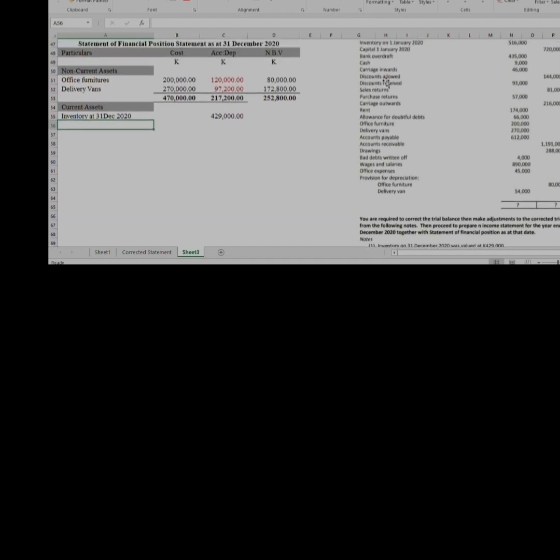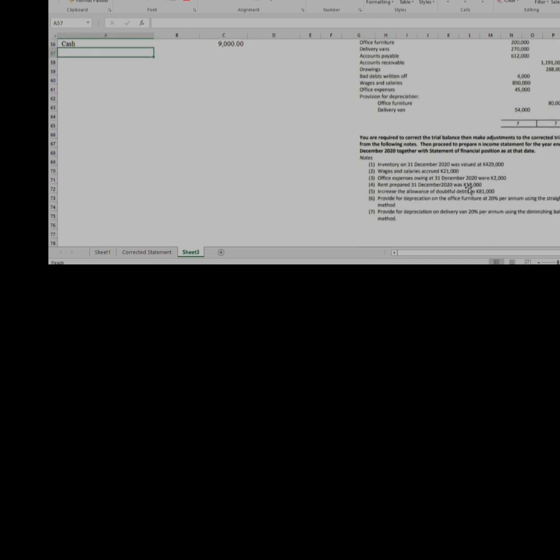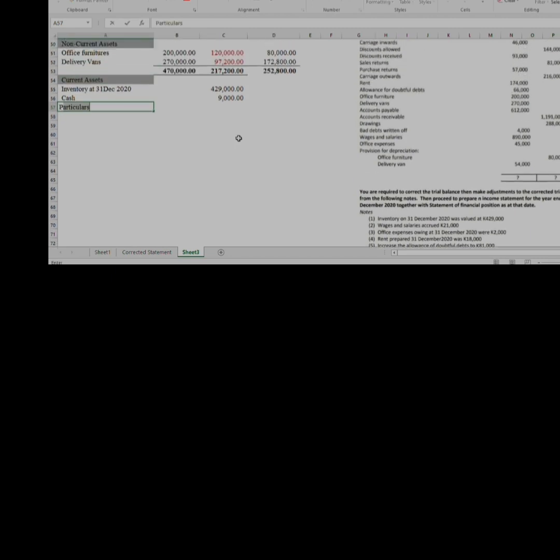We have cash, 9,000. So I can put cash, 9,000 there. Then in the additional information also we have prepayment, rent prepaid, 18,000. So you can put prepayment there. In the prepayments account we have rent, which is 18,000.